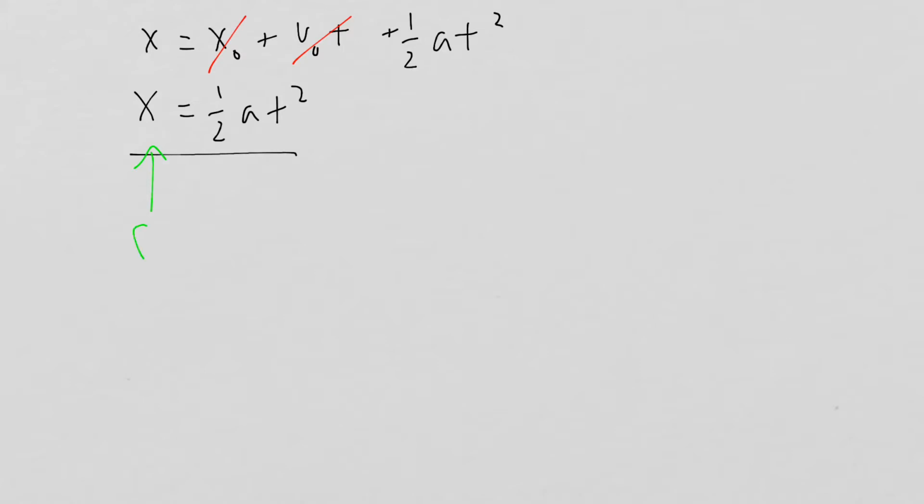We plug it in to both x and t. And at this point now there's only one unknown, a. So we solve. So 2x over t squared is equal to a. And so we can solve for whatever the constant acceleration is. So that's approach number one.